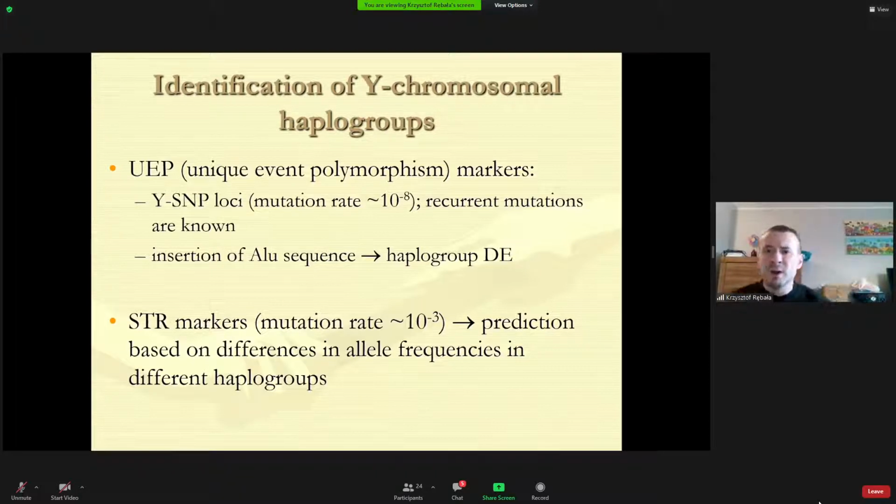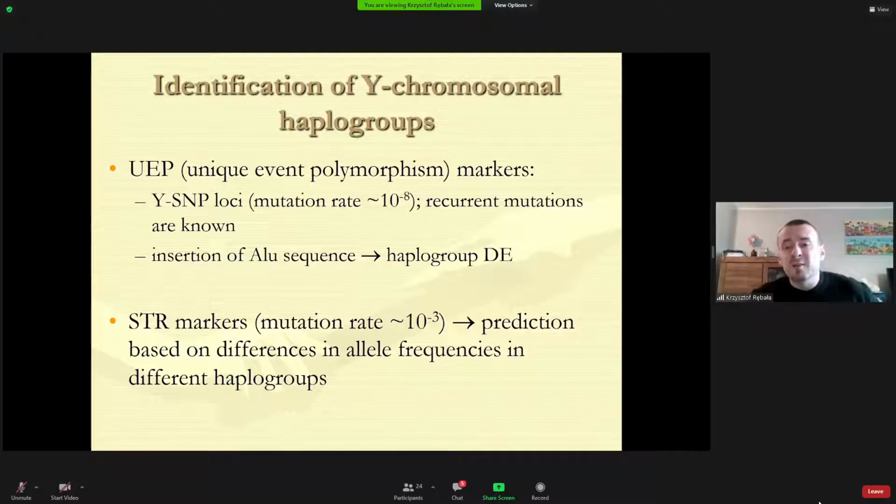Of course, we can also determine the haplogroup similarly as in the case of mitochondrial DNA. In case of mitochondrial DNA, we can predict the haplogroup based on the variation of the control region, the hypervariable segments, which are analyzed routinely in forensic genetics.